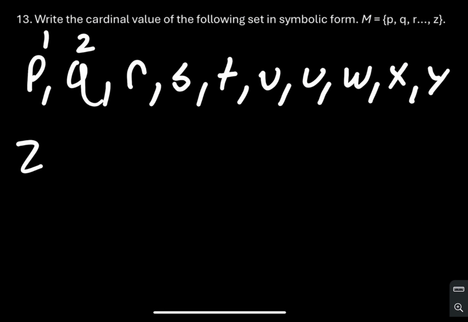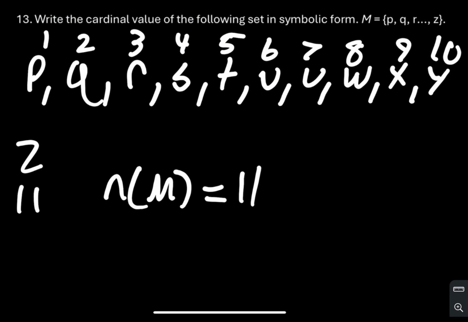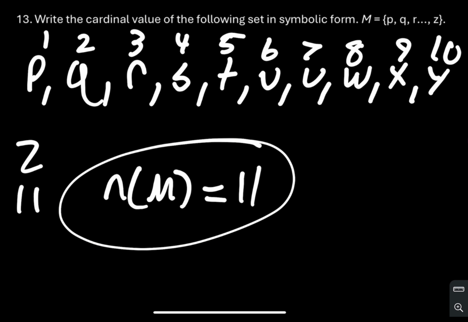So we have 1, 2, 3, 4, 5, 6, 7, 8, 9, 10, 11. So we have 11 elements in our set. So our cardinal value for that set is going to be 11. So we have n of the set name, which is capital M, is equal to 11. And that's going to be your answer.